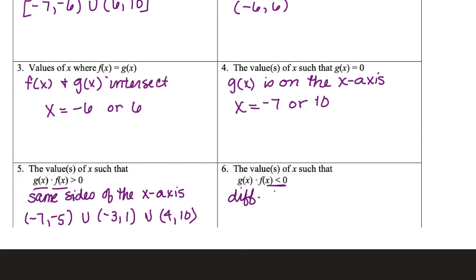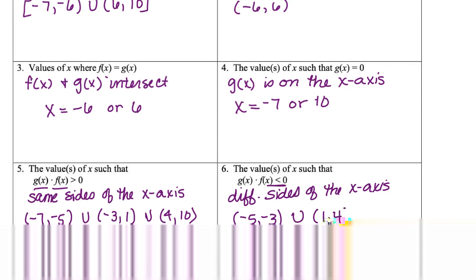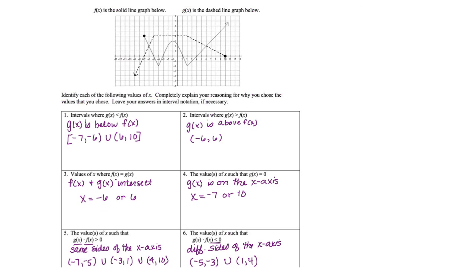So different sides of the x-axis, and that's going to occur between -5 to -3 and 1 to 4.